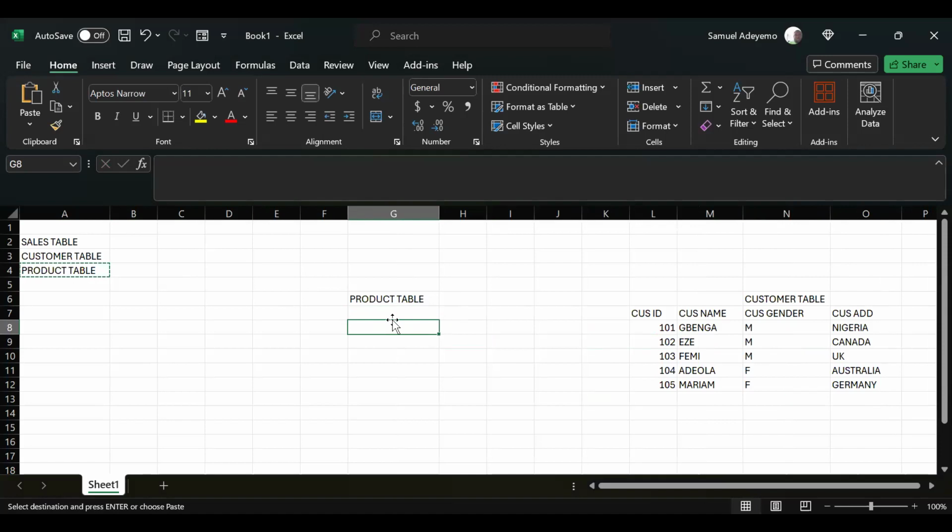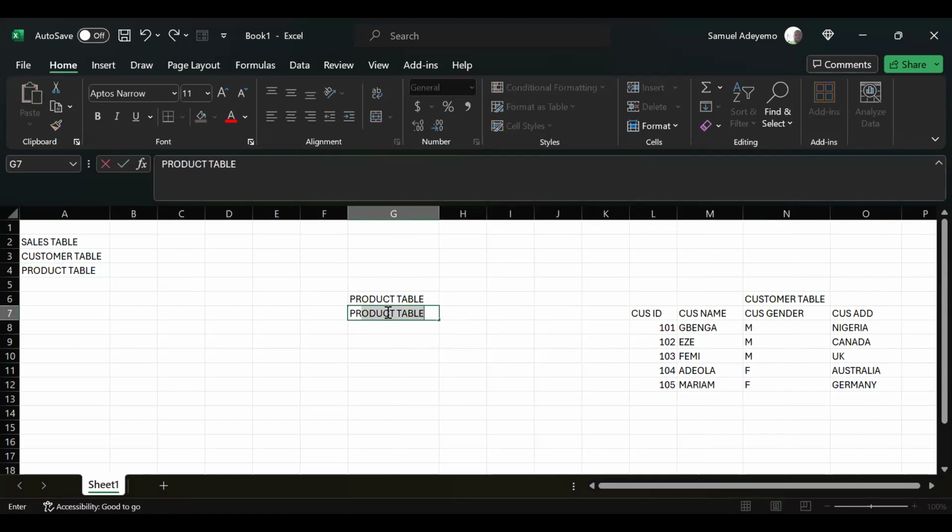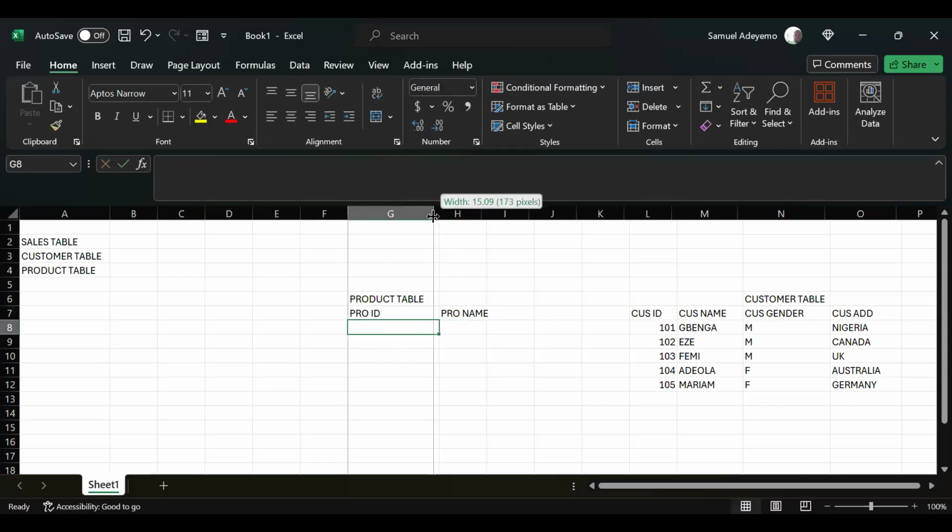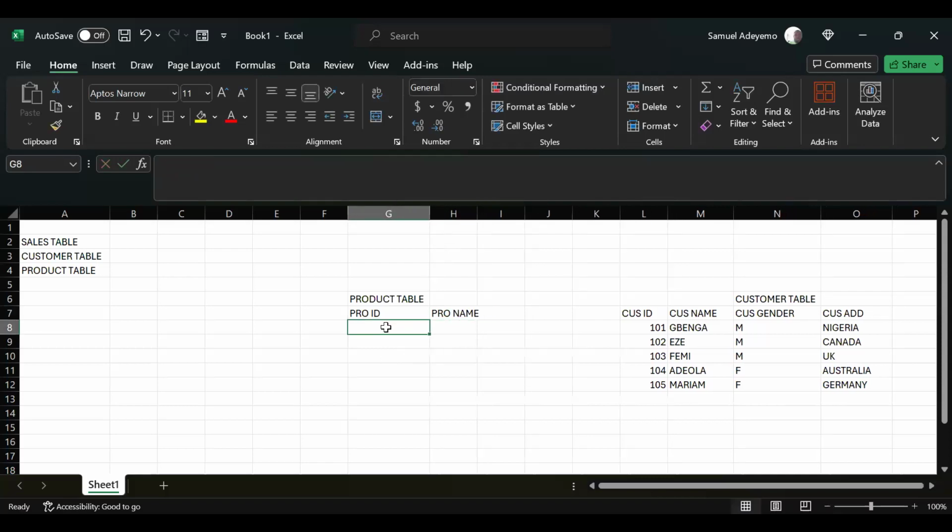What do we have on the product table? We have, of course, product ID and the product name. Okay, so on product ID, we have product ID Y12. We have product ID Y13. We have product ID Y14.